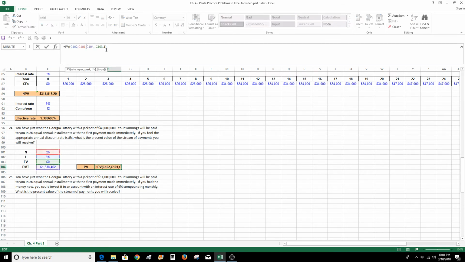I'm just going to add a minus sign just so that it's not going to show up as negative. And then that gives us a present value of $17,961,194.14. So don't forget that the first payment is made immediately, so that means that you've got to put the 1 as the type because it is an annuity due.